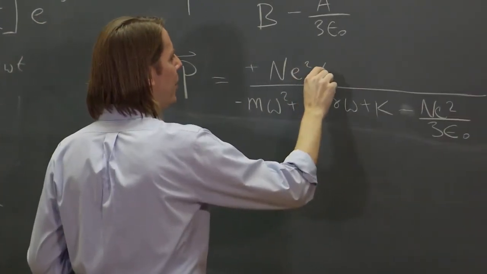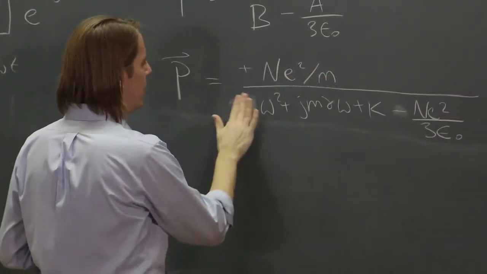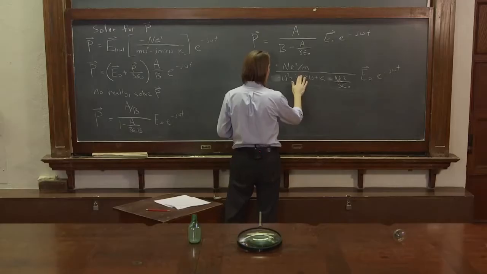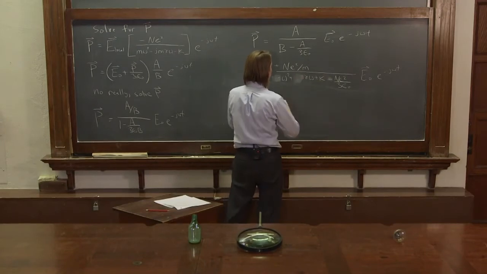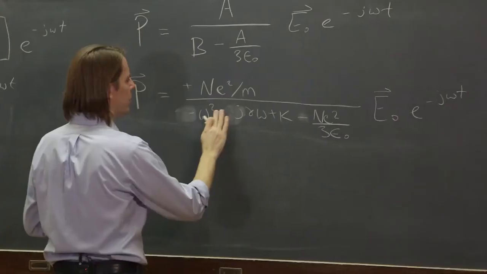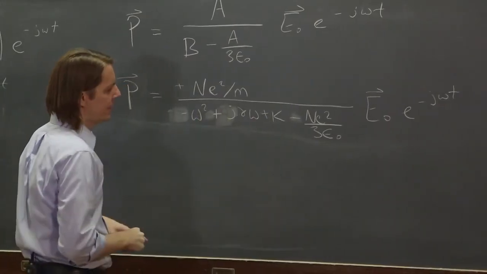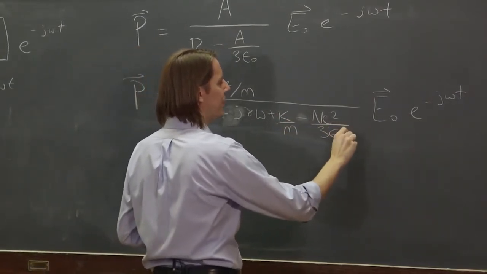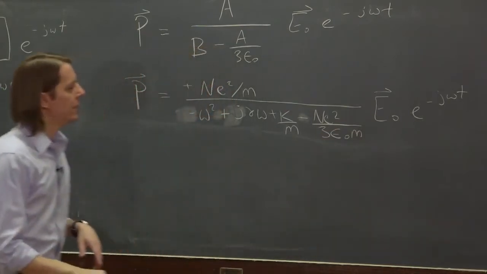Let's divide the top by M, the mass of the electron, and divide the bottom by M, so that M goes away. This M goes away. Let's write the J a little bit closer. Move that plus over. It's K over M, and then 3 over 3 epsilon naught M. Okay.